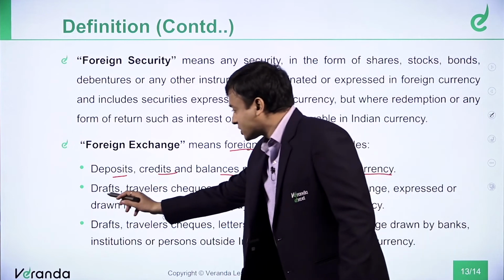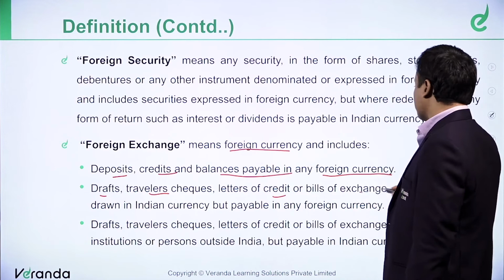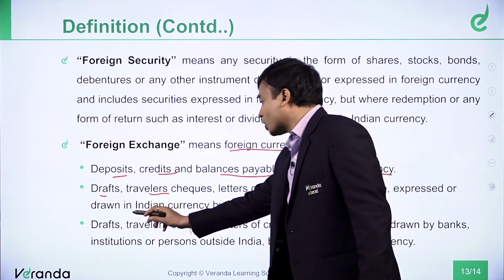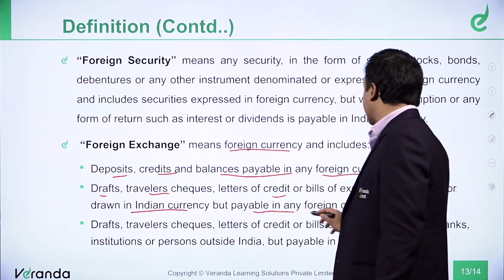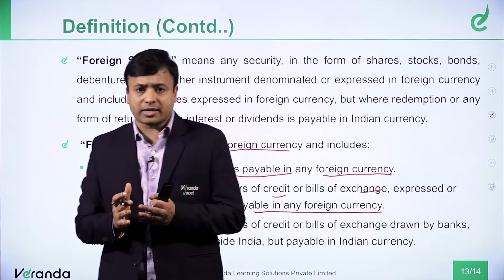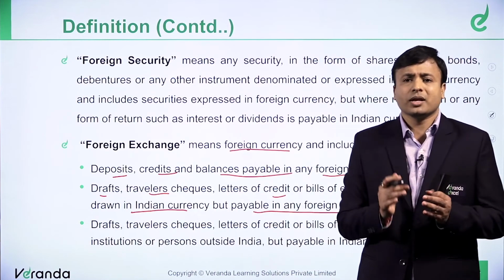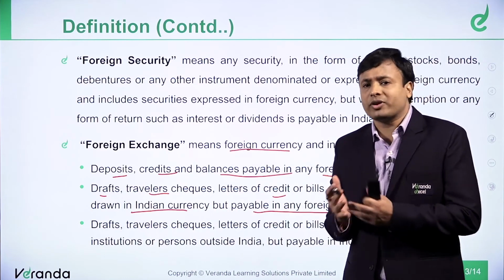Next, drafts, travelers checks, letters of credit, bills of exchange drawn in Indian currency but payable in foreign currency. Let us try to understand in simple terms with an example.